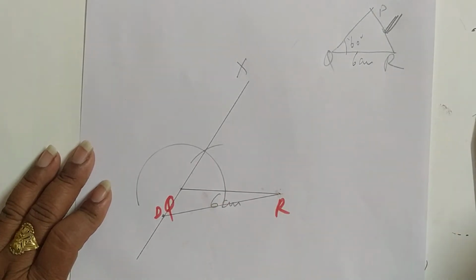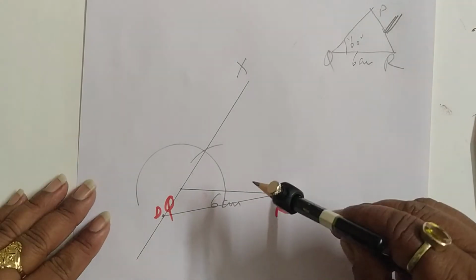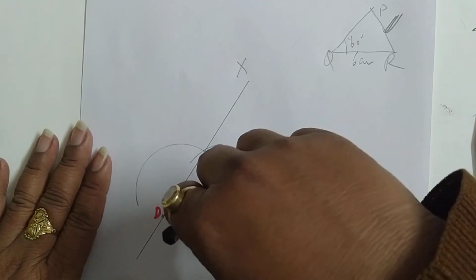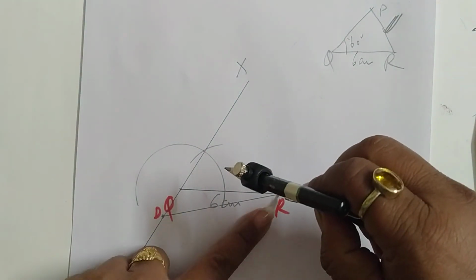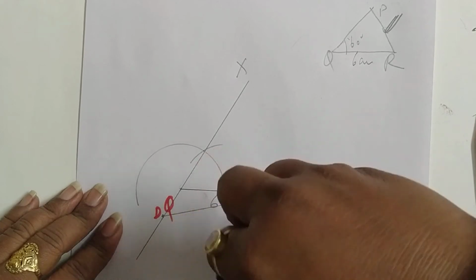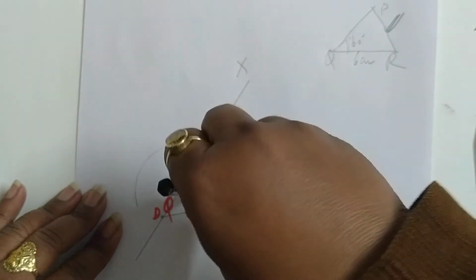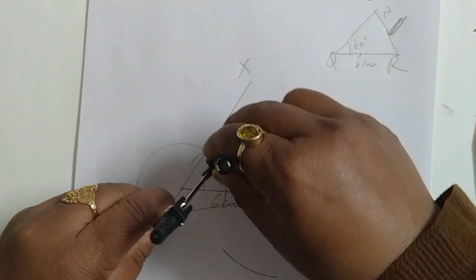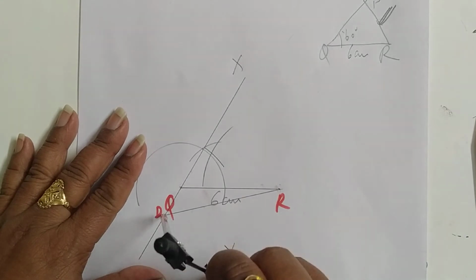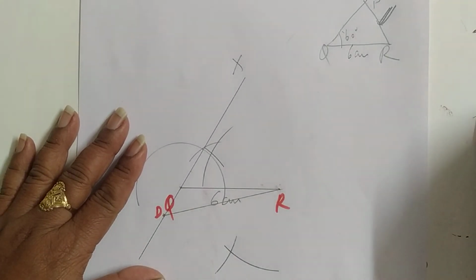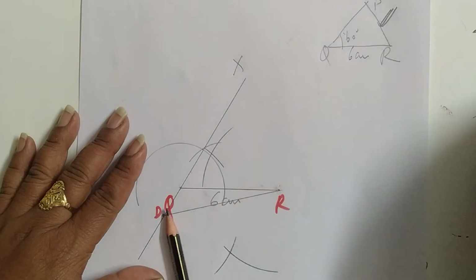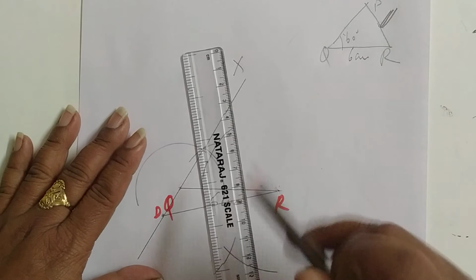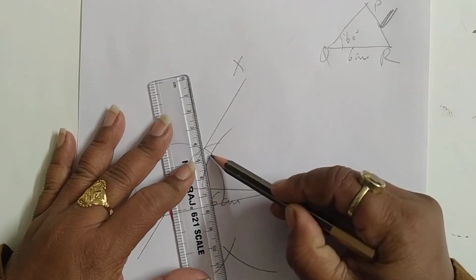Now again, what we are doing continuously in every type of triangle construction, we will draw a perpendicular bisector of DR. Yes. Now draw the perpendicular bisector.